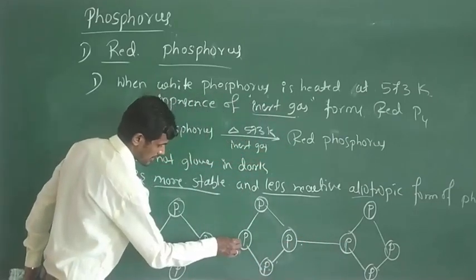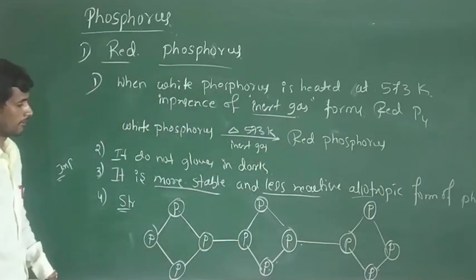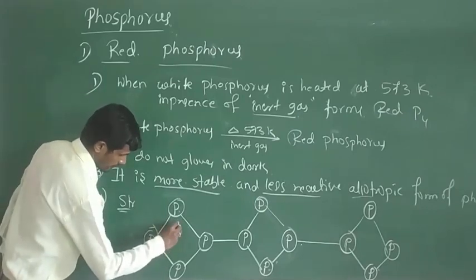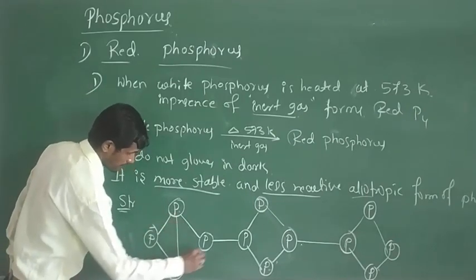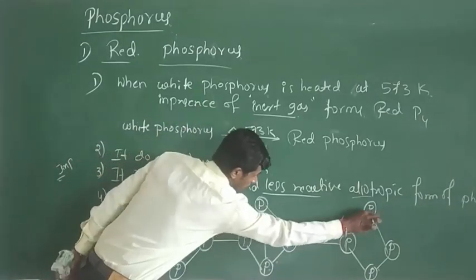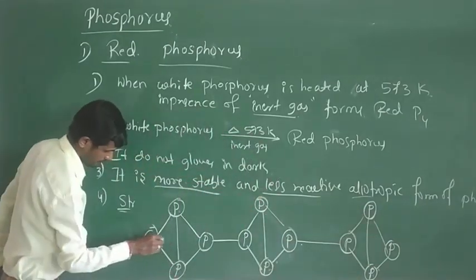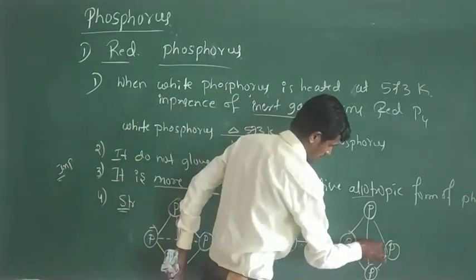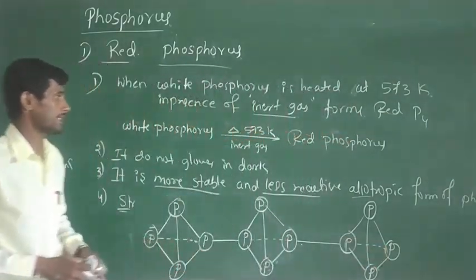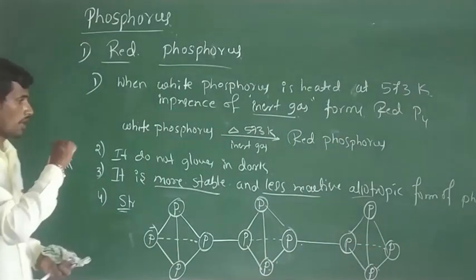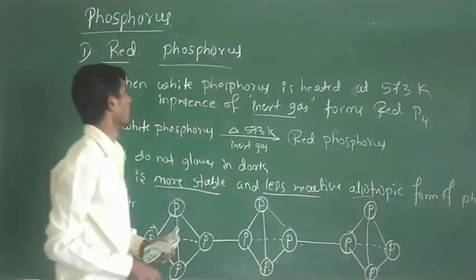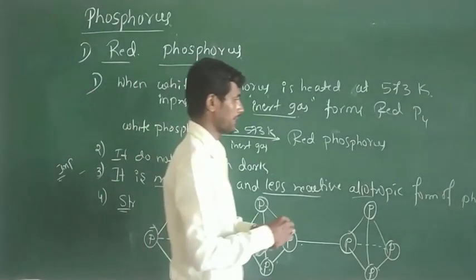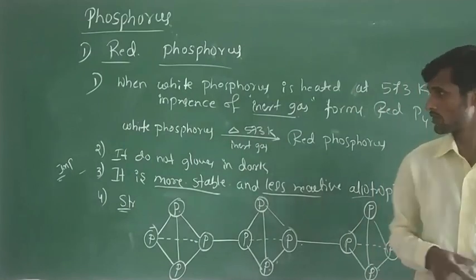There is a polymeric chain present between the molecules. Remember, among these points, that it is the more stable and less reactive allotropic form of phosphorus is very important.